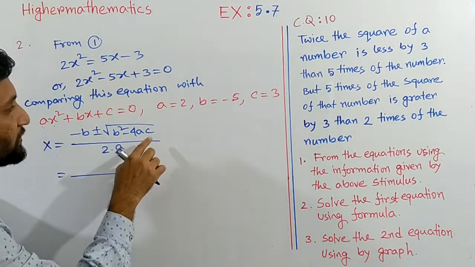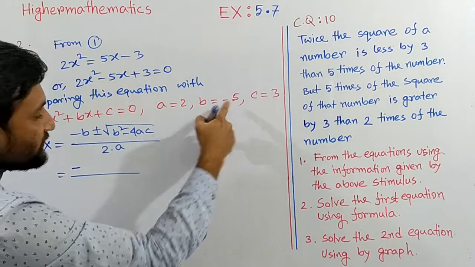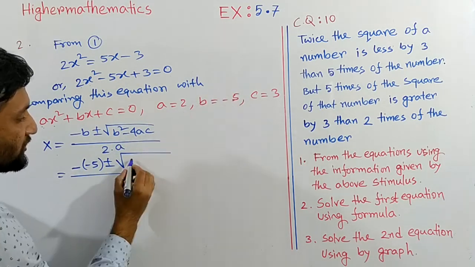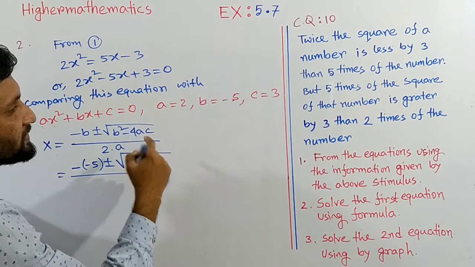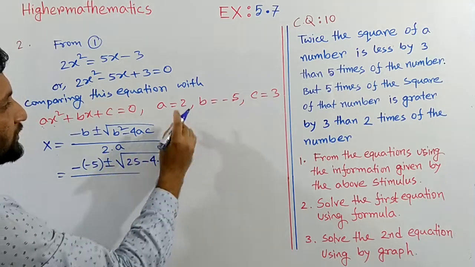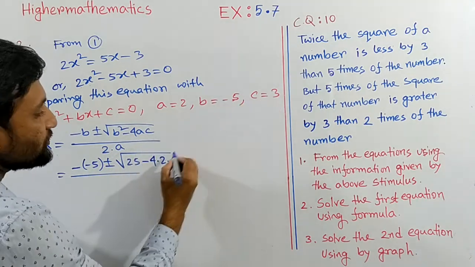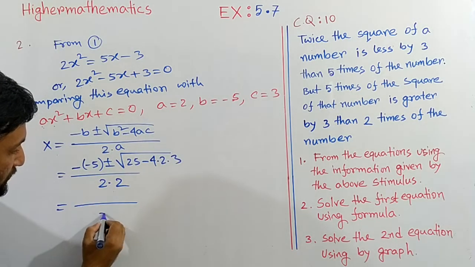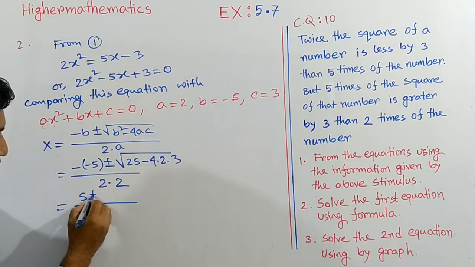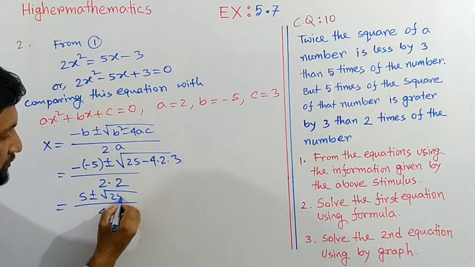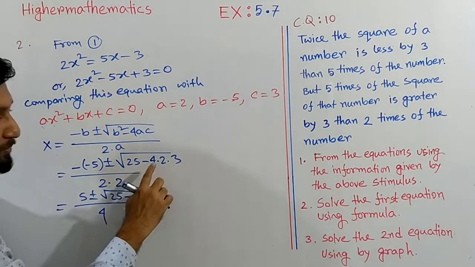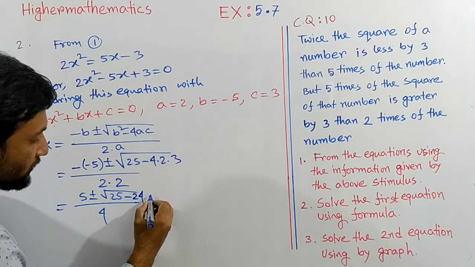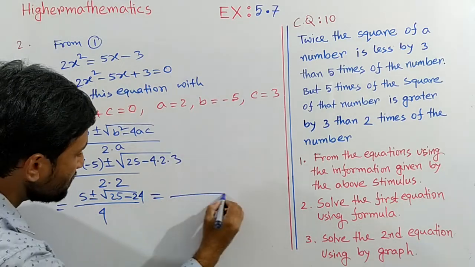Now using the values of a, b and c: minus b is minus minus 5, so 5, plus minus root of 25 minus 4 into 2 into 3, that is 24, divided by 2 into 2, that is 4.